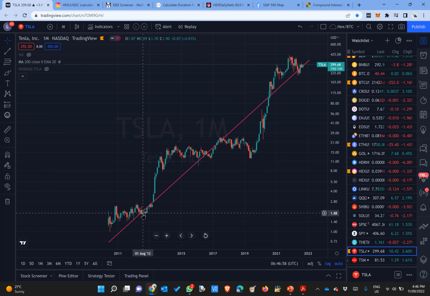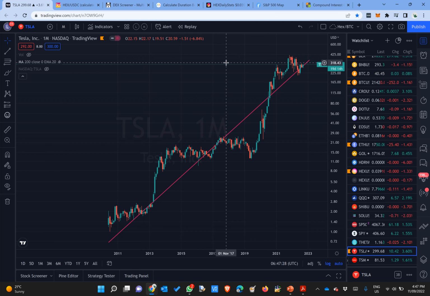So on that particular month in August, you see the closing price up the top there, it's $1.90. It's over here, up the top, under C, $1.90. So that means on the last trading day of August 2012, it closed at $1.90.